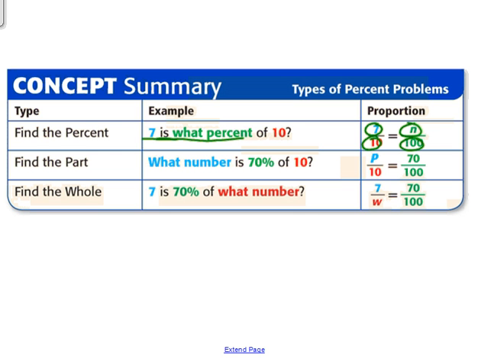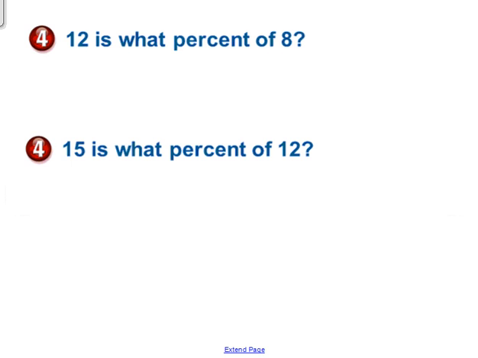What number is 70%, or 70 over 100, of the number 10? That's the top number, our unknown. And the last pattern is what's the whole? 7 is compared to the whole as 70 is to 100, and we can solve that. So there's kind of the summary data for you.